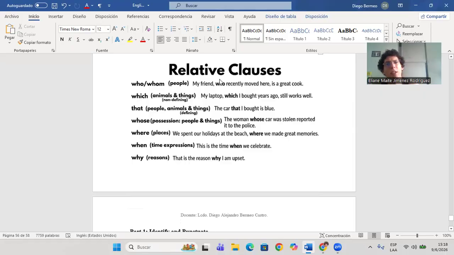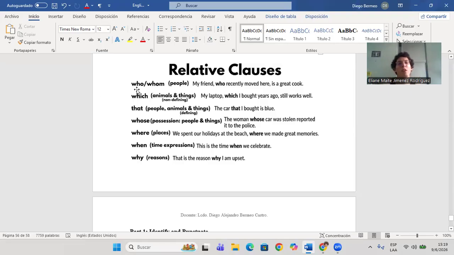Now, the relative clauses. Who is used for talking about people. Which is for talking about animals and things. That is used for people, animals, things. It's used for everything. That is the most overused and most generalized.